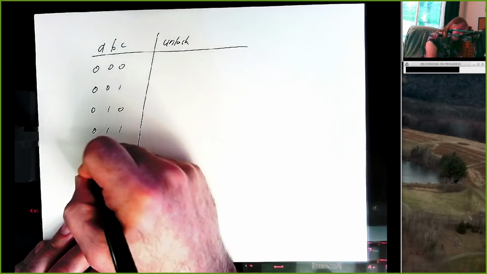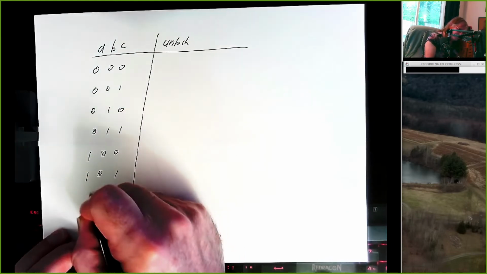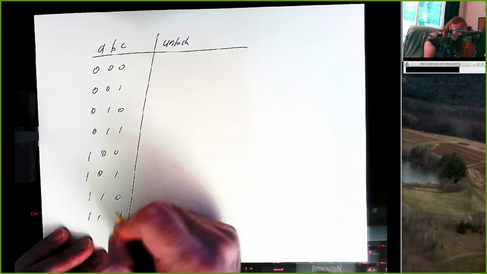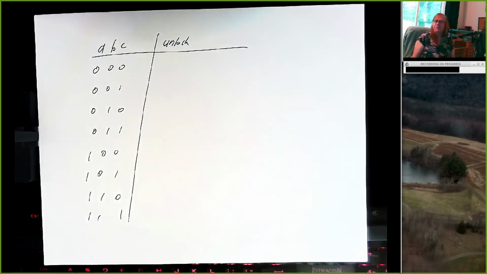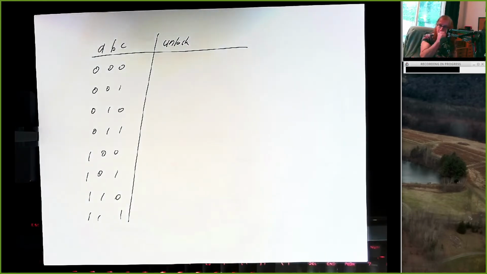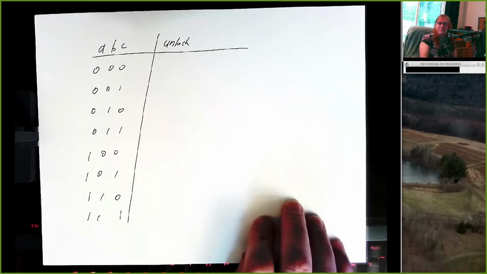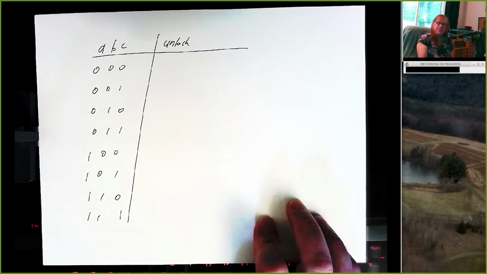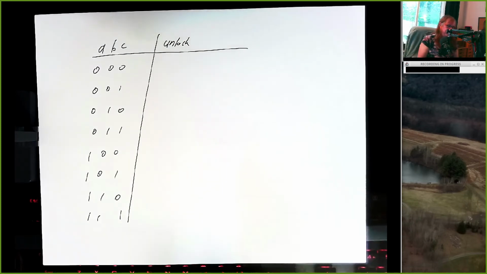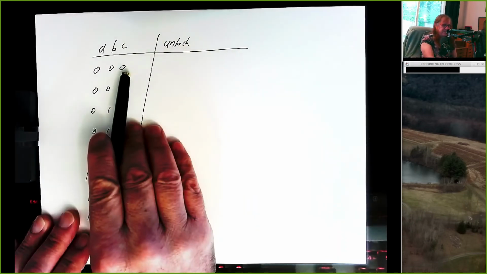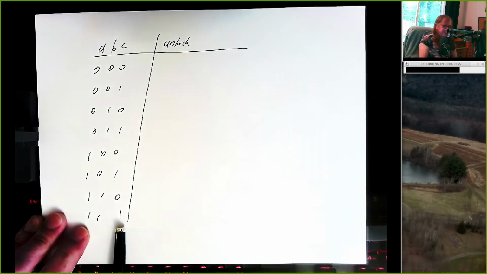The first thing I'm going to do is say, since I have 3 inputs and they're binary, there are 8 possible situations. If the person is trying to unlock the box and they've pressed some combination of buttons or flipped some combination of switches, there are exactly 8 possibilities. It may be that none of the buttons are pressed. It may be that all of the buttons are pressed.